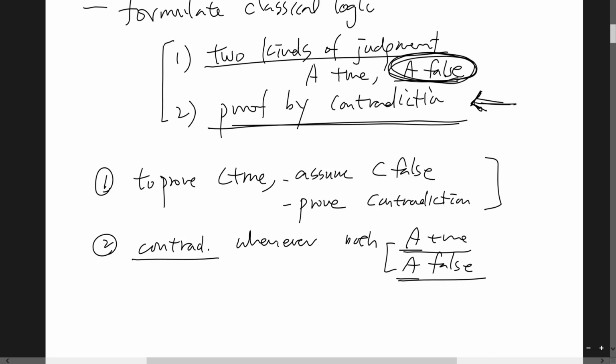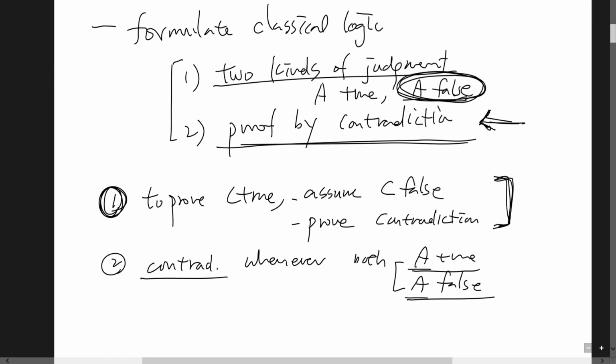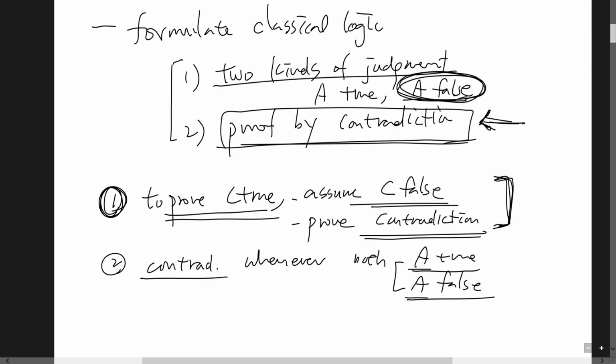So the first idea basically says we want to use the technique of proof by contradiction. To prove C true, assume C false, and then somehow show contradiction. And the second part states how we can generate the contradiction.